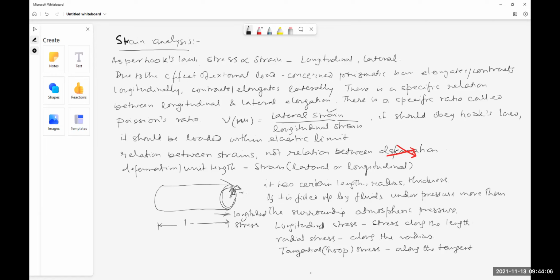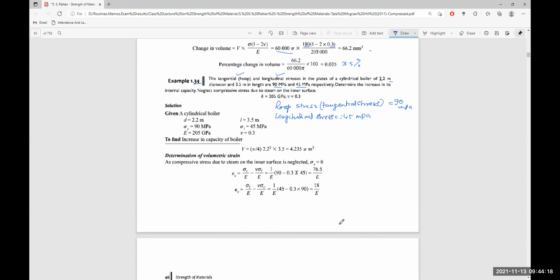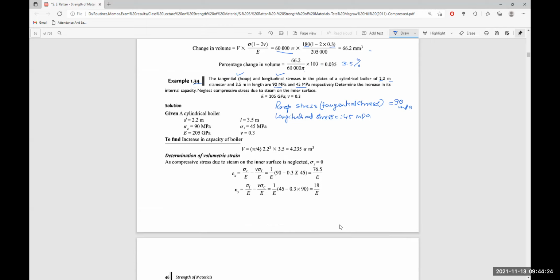Okay. So in our given problem, no radial stress is given, but the longitudinal stress and the hoop stress, or tangential stress, are given.